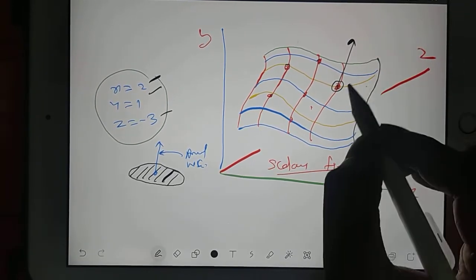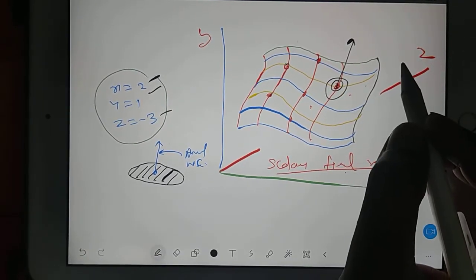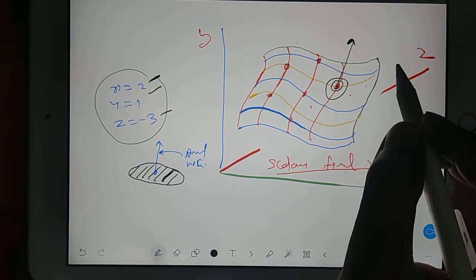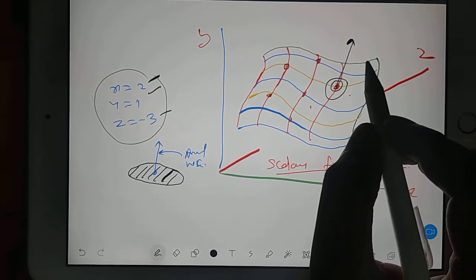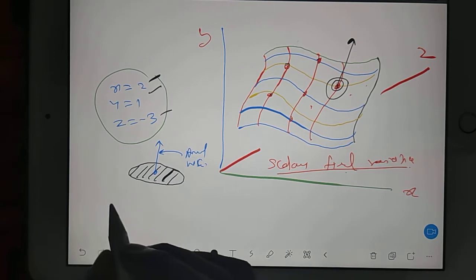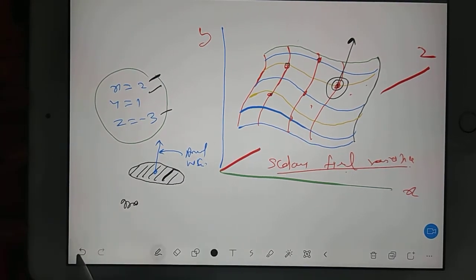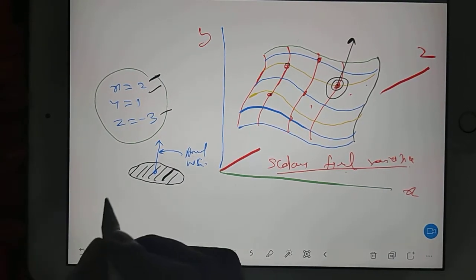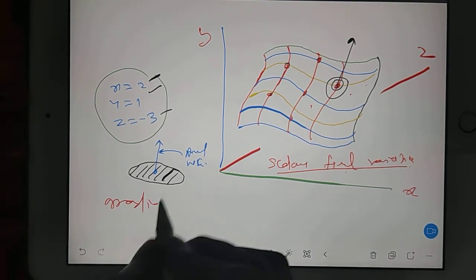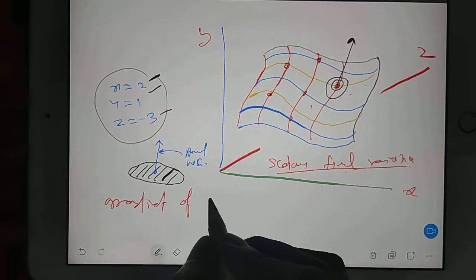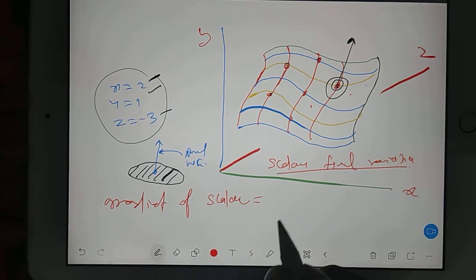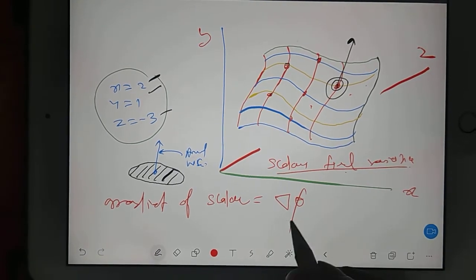Suppose I want to find the gradient at this location. Then I will use the del operator. The gradient of a scalar is nothing but del phi, or you say grad phi, anything you say.